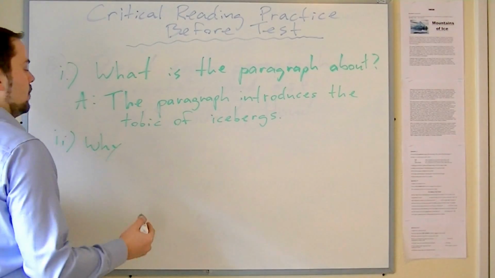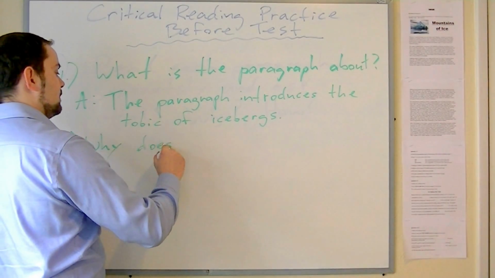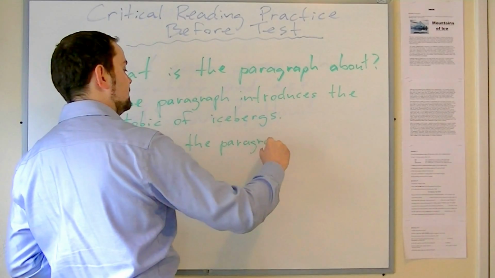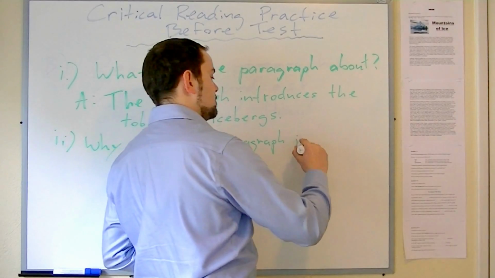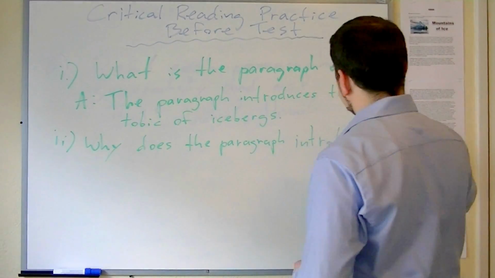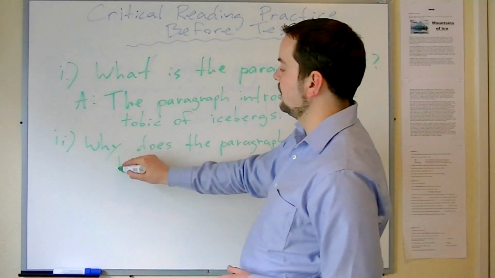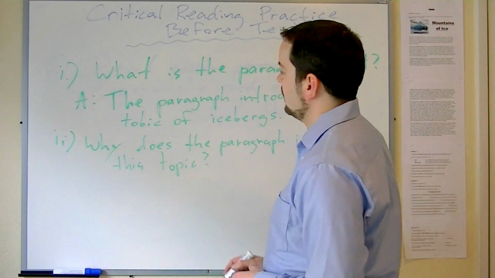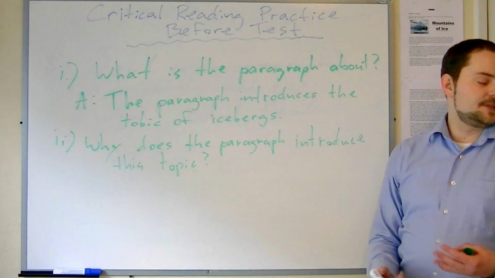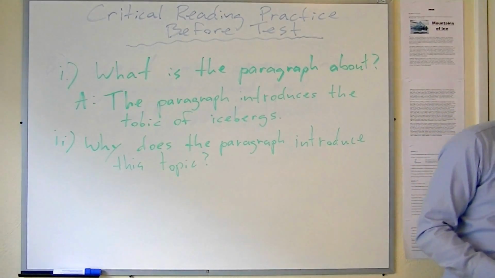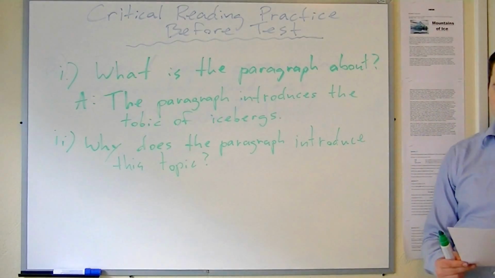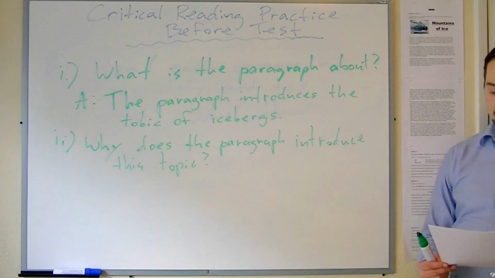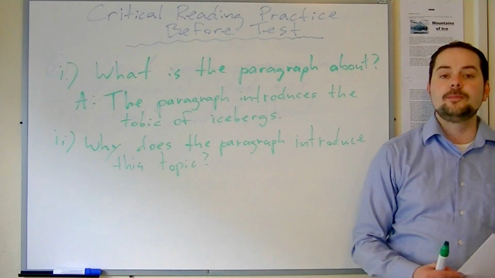Why? Why does the paragraph introduce this topic? All right, so we can see that near the end of the paragraph, it says to us that the characteristics of icebergs, their historical impact, and the methods we employ today to monitor them are important topics.